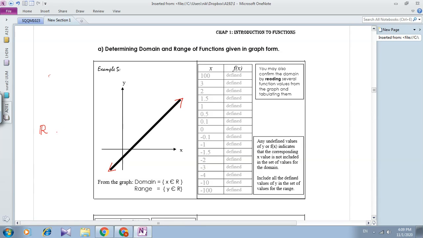So this is real numbers, while this notation means element of. For this course, we will only consider real numbers only.